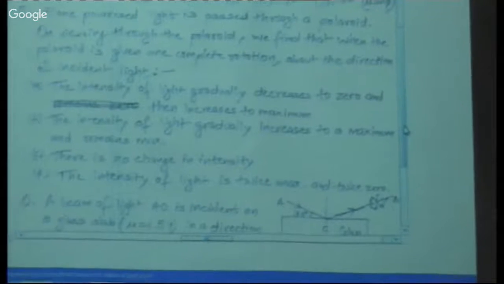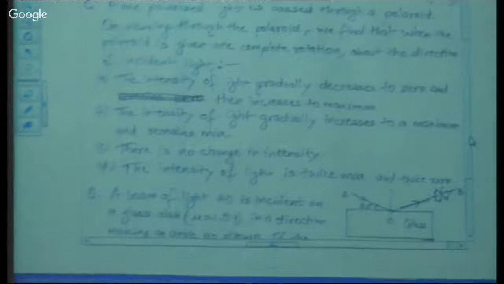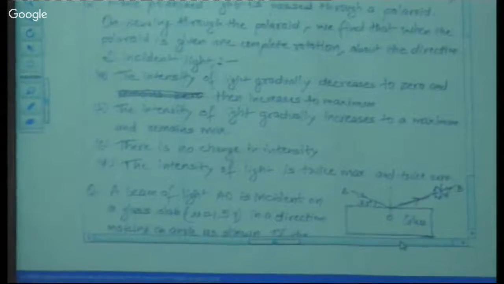Plane polarized light is passed through a Polaroid. On viewing through the Polaroid, we find that when the Polaroid is given one complete rotation about the direction of incident light, what happens? Tell me the option. Online people, please, you also try.